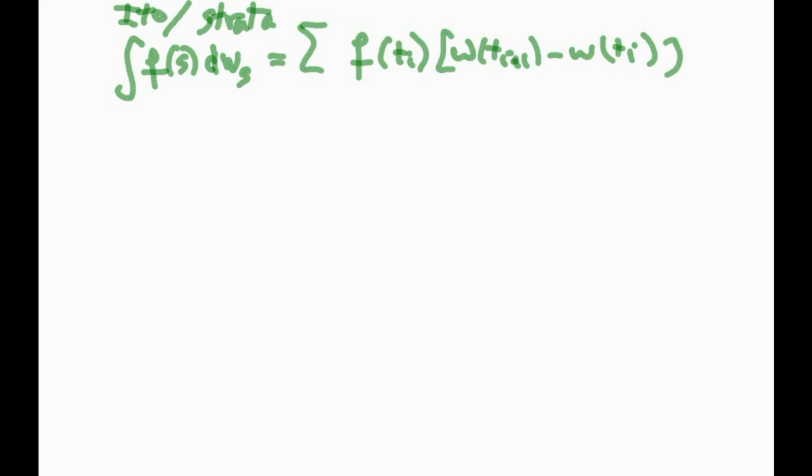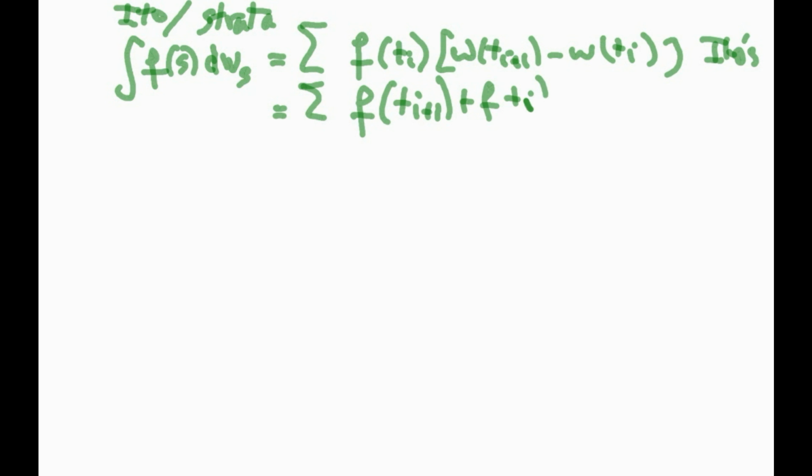And this is the classical Ito for the functions that are non-anticipating, that is, they are independent of the future. But there are also many possibilities, and an extreme one is to use here f of ti plus 1 plus f of ti. So this is a classical Riemann's integral divided by 2. And then I have to multiply by the same thing, omega ti plus 1 minus omega ti.